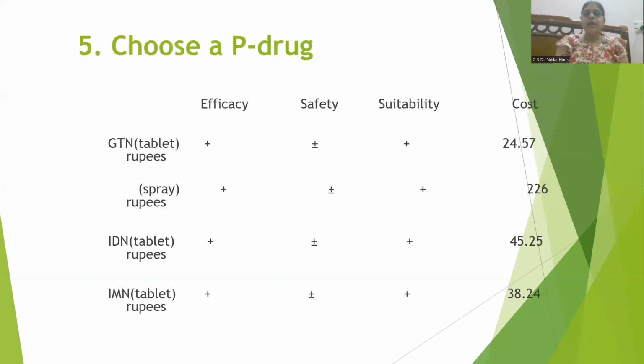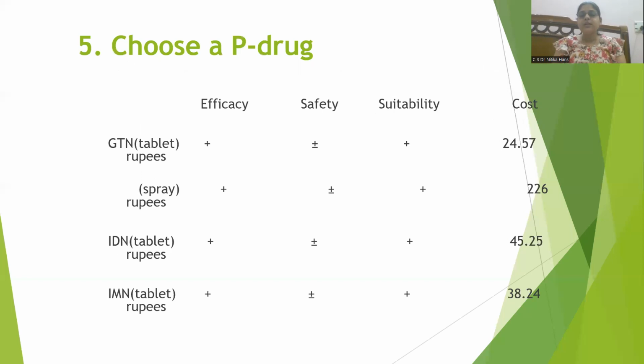Now, the P-drug from among the types of nitrates: glyceryl trinitrate tablets, glyceryl trinitrate spray, isosorbide dinitrate, and isosorbide mononitrate. The efficacy, safety, and suitability are similar for all of these. The only difference is in the cost.